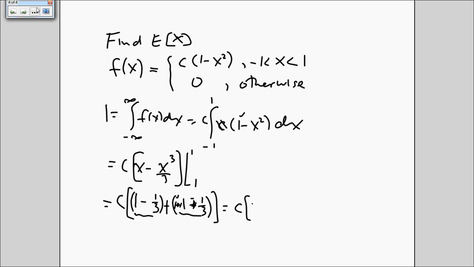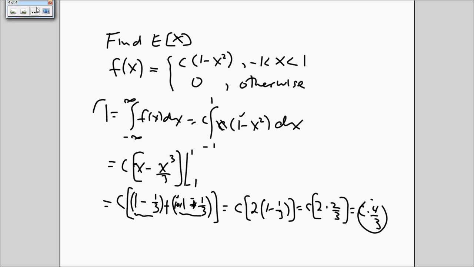Well, that's 2 times whatever 1 minus a third is. 1 minus a third happens to be 2/3. So I get c times 4/3. And if this is to equal good old 1, c must be the reciprocal of 4/3. c is 3/4.